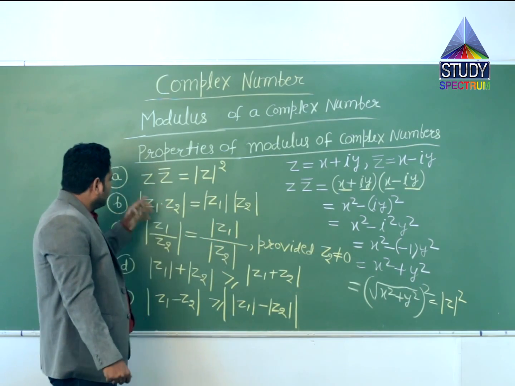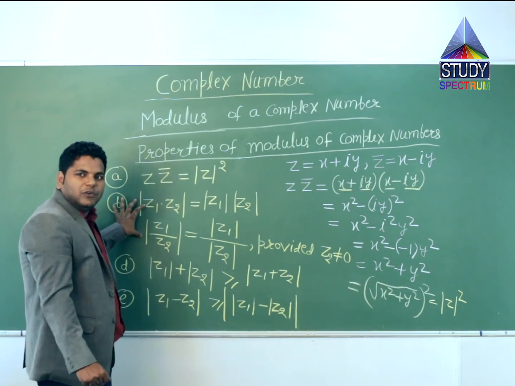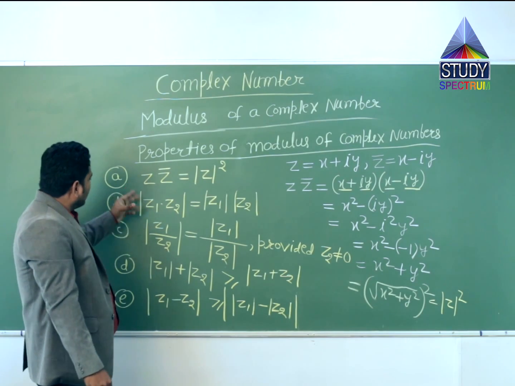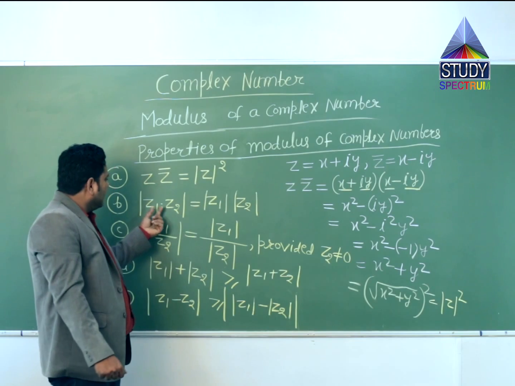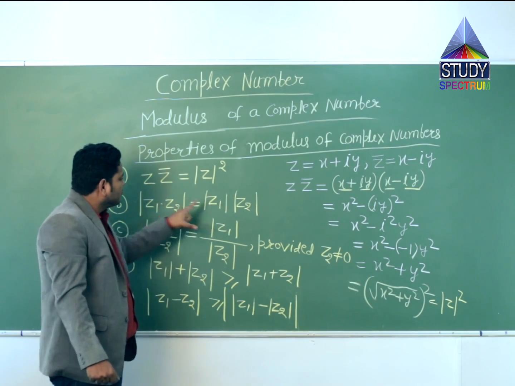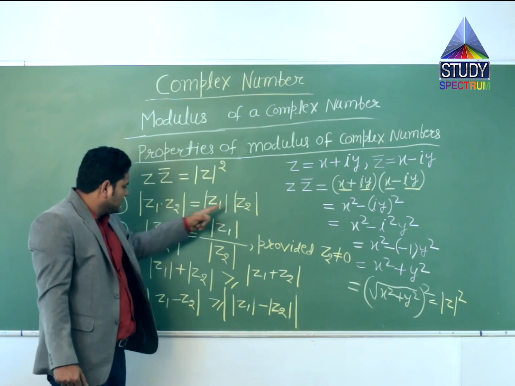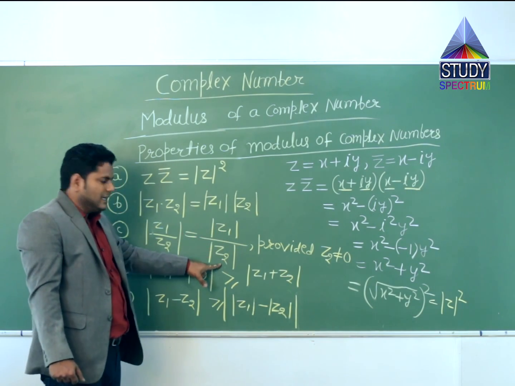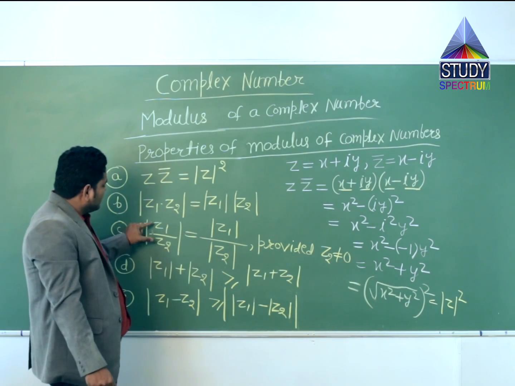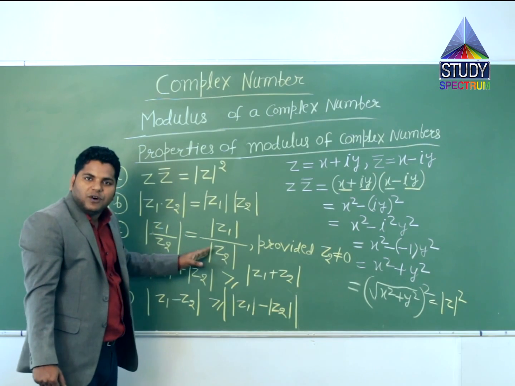So in these two properties, all we are doing is giving modulus to each and every complex number. Here it is multiplication, here it is division, so we have given the modulus sign to both of the complex numbers, and whatever the complex number is, we have written it in that form.